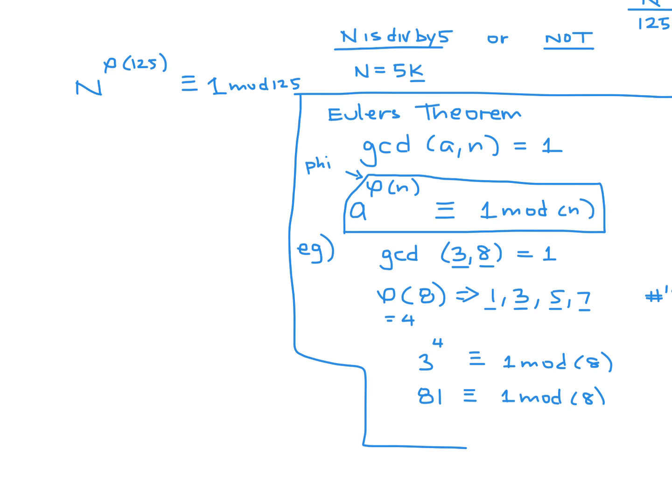So let's explore this. The GCD of n and 125 is 1 if n and 125 are relatively prime.